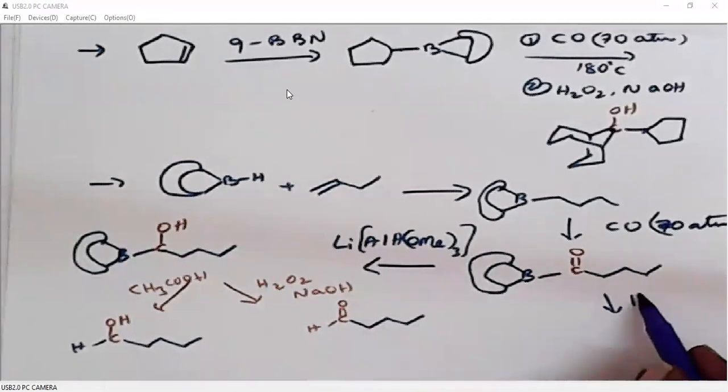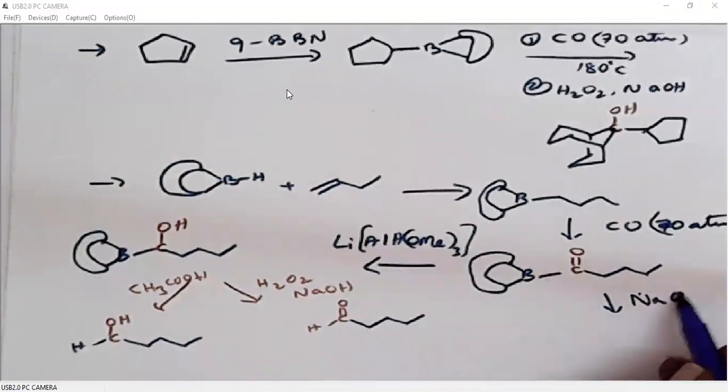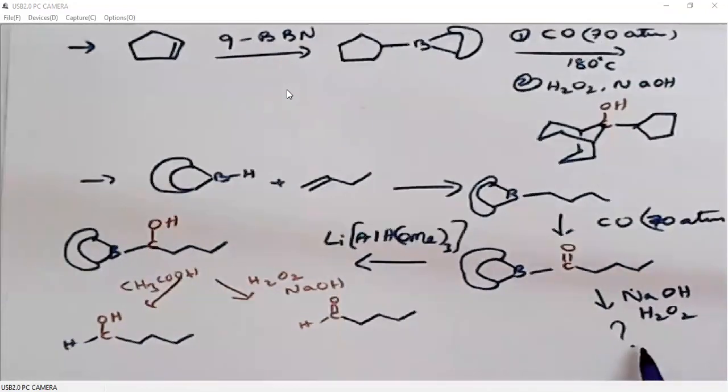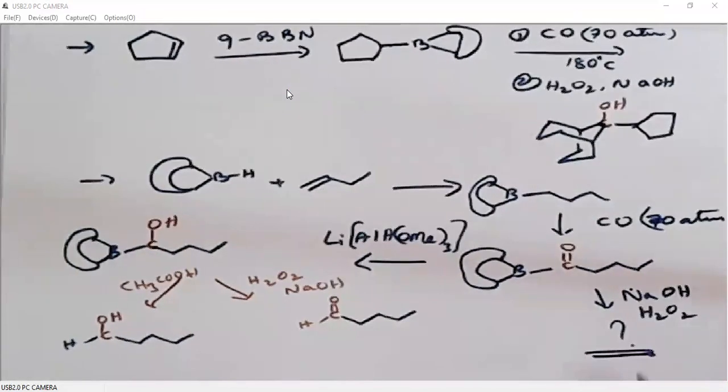If we use oxidation here itself, we will generate a carboxylic acid, but I did not get any such examples, so that is why I'm not writing the product. But if you oxidize it, we should get a carboxylic acid. If we reduce this carbonyl, we will get an alcohol.